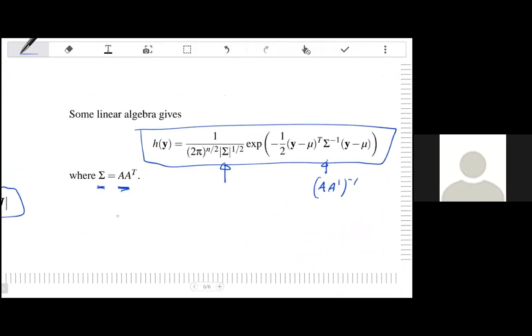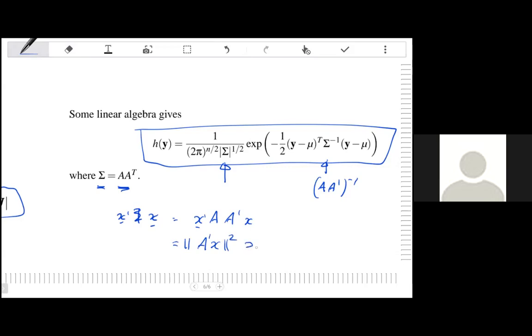You should also note that if you take any vector x, then x prime sigma x is equal to x prime A A prime x, which is the norm of A prime x, squared.